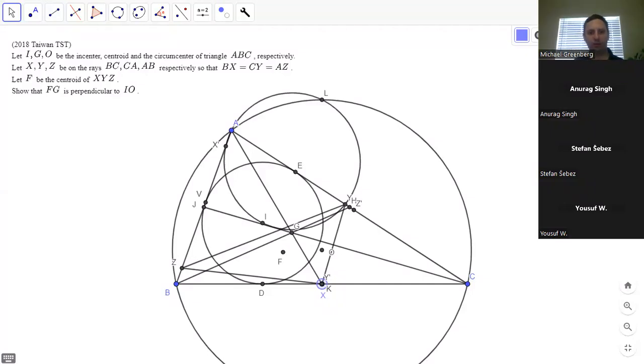So if X is the midpoint, CY would be half of BC and AZ would be half of BC.